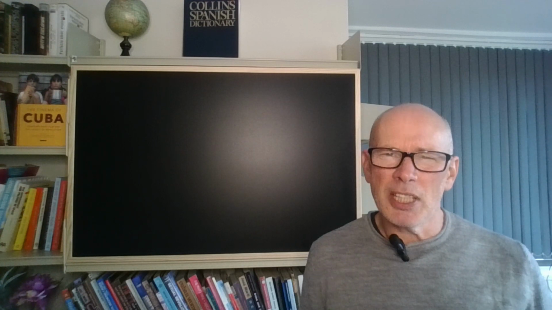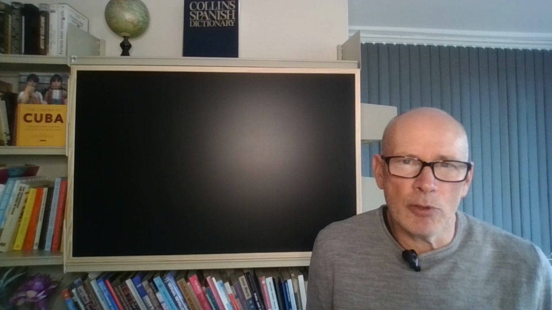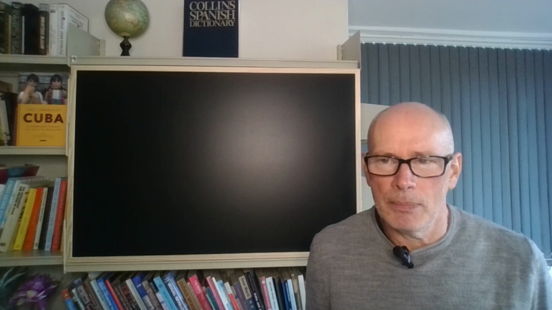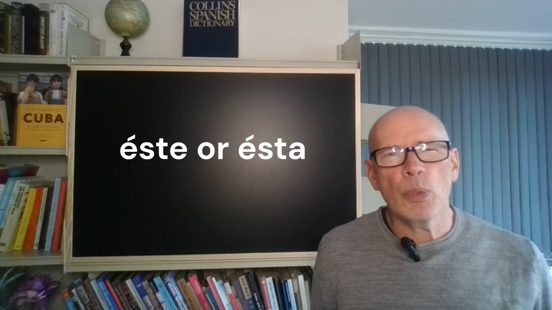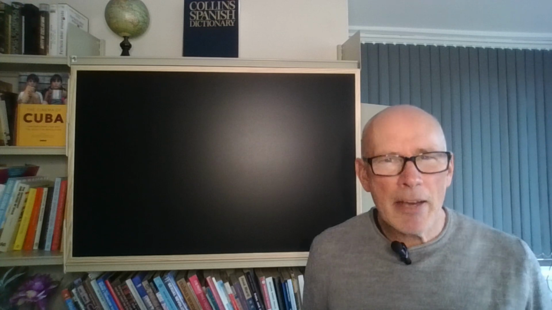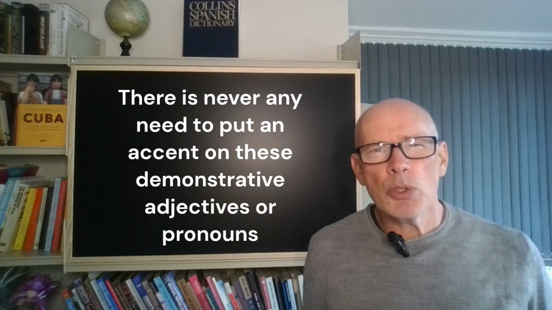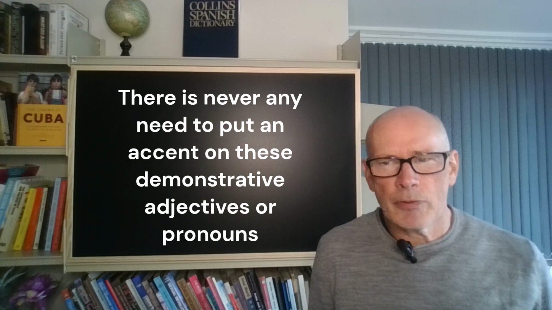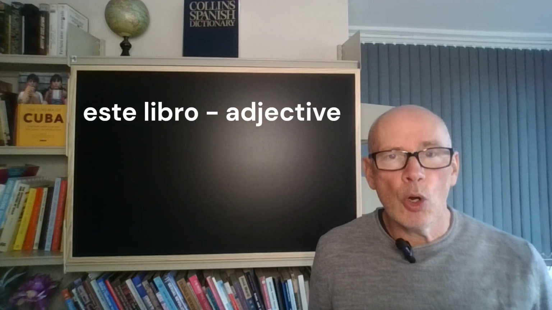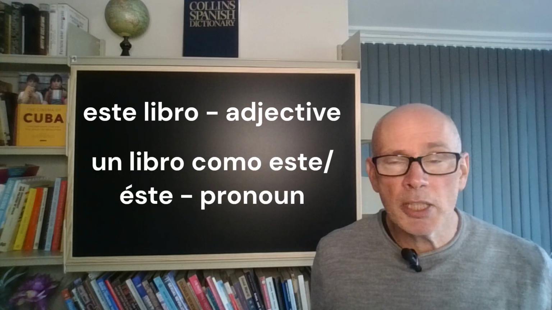Okay. Now, you may have seen these written with an accent. Éste, for example, or ésta. So when do we write them with an accent? Well, the answer is never. Just leave the accent out. Whether you are using this word as an adjective, for example, este libro, or as a pronoun, un libro como este, you don't need to put the accent on.